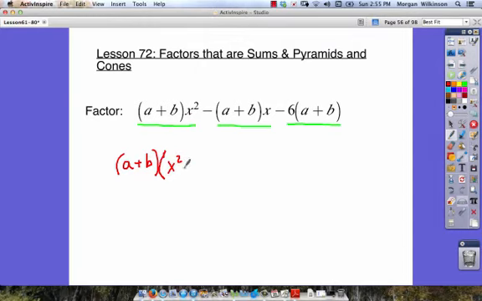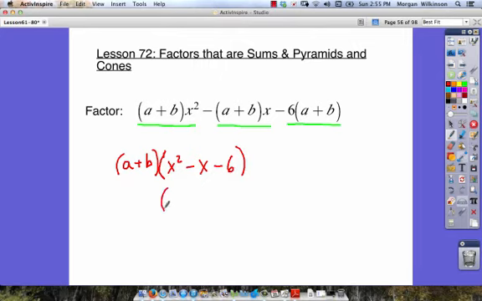Then we've got minus. We didn't have that as an a plus b, so we have an x. Then we've got minus again, and we have 6. From here, a plus b times x squared minus x minus 6, we need to see if we can factor our trinomial. And yes, we can.